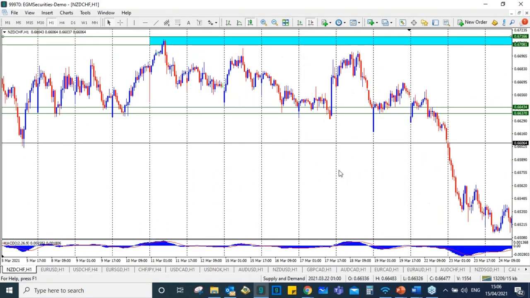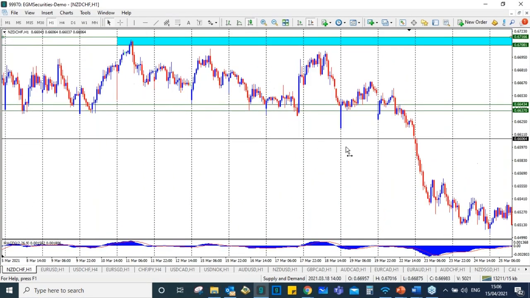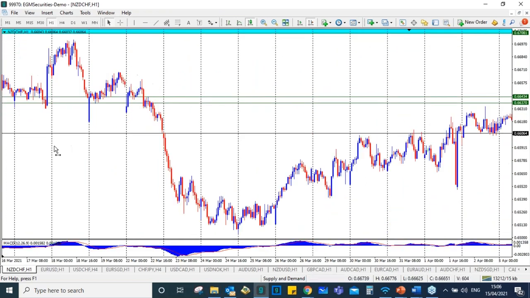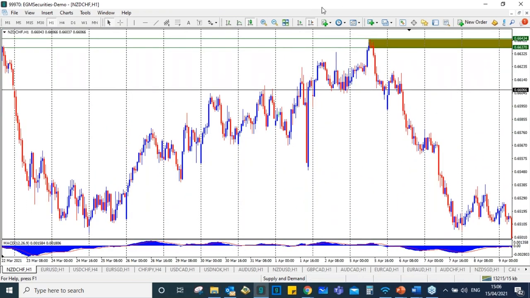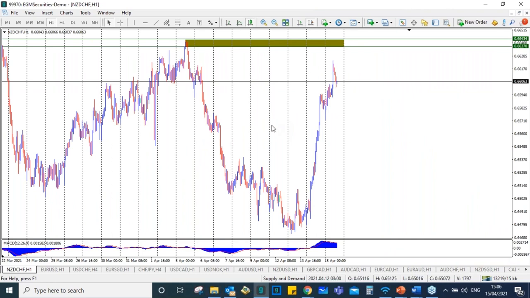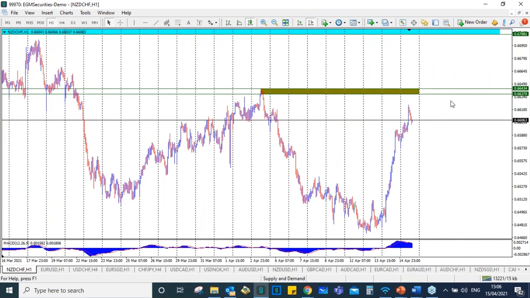rally, base, and drop, where we have been able to identify two supply zones, and these supply zones have not been retested. So the first one is this. We are yet to have the price retesting this zone. So we will know whether we will get into a sell position once price comes to this level.